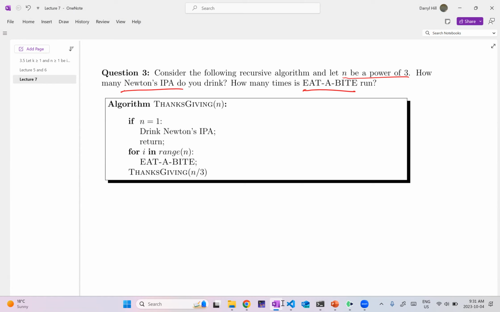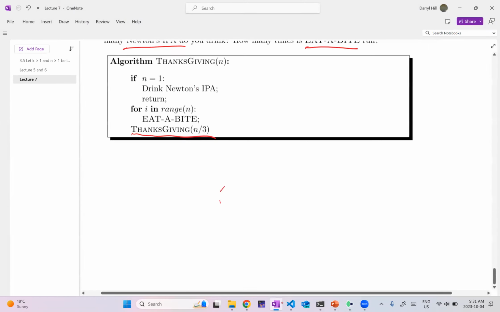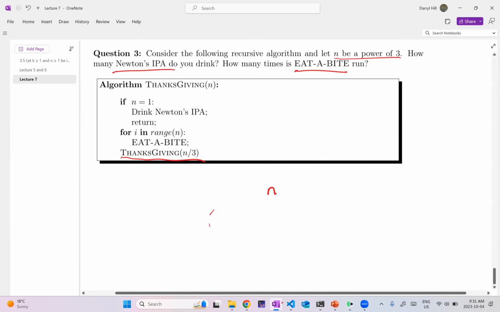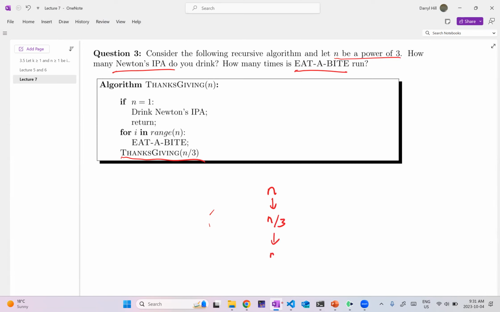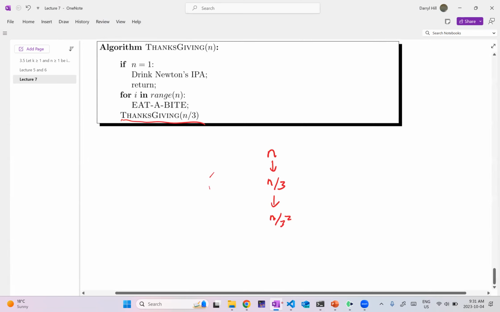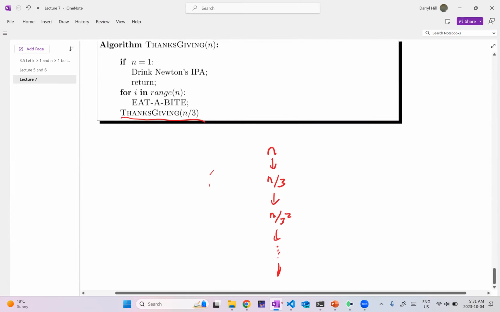One. If you look at the recursion tree, I only make one recursive call. I start with size n, then make a recursive call and have size n over 3, then n over 3 squared, until I get down to 1, and that's my base case.